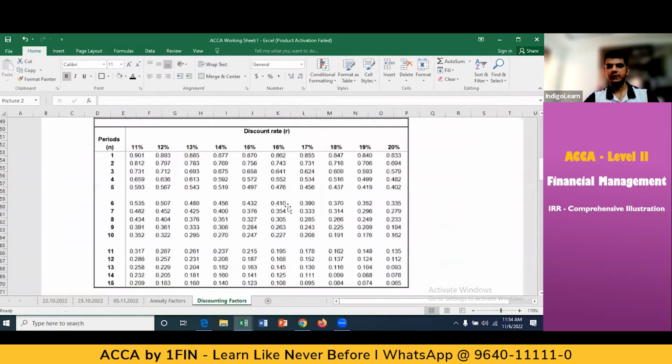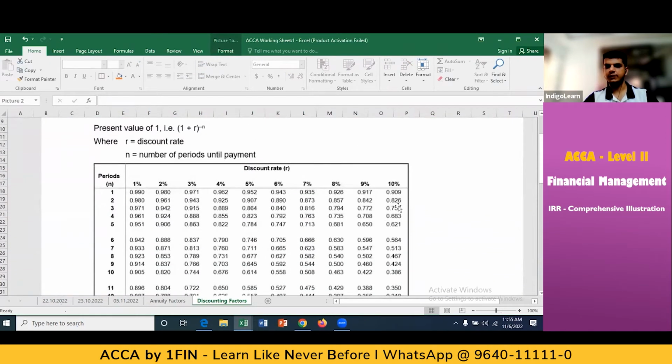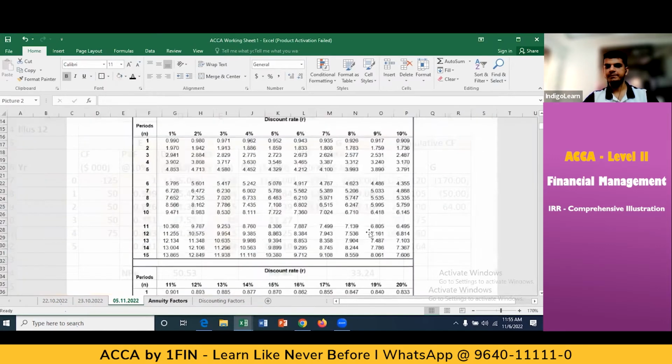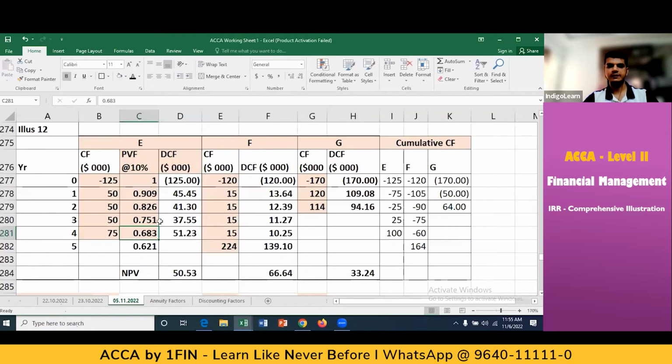Then for year 2, 3 and 4, we'll just see from here: 0.909, 0.826, 0.751, 0.683 and last is 0.621. Okay, 0.909, 0.826, 0.751, 0.683, 0.621. We'll just put here all the discounting factors and we'll just see the discounted cash flow.